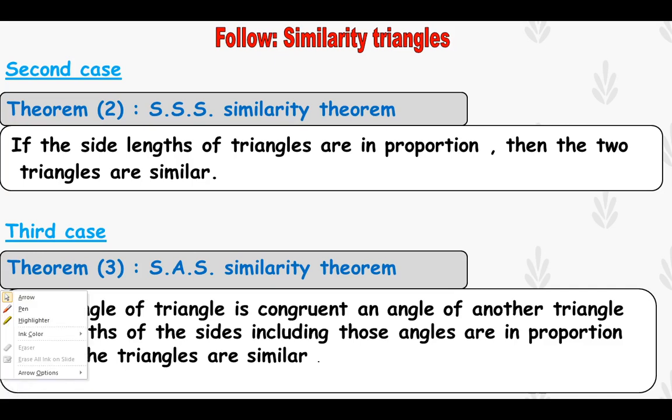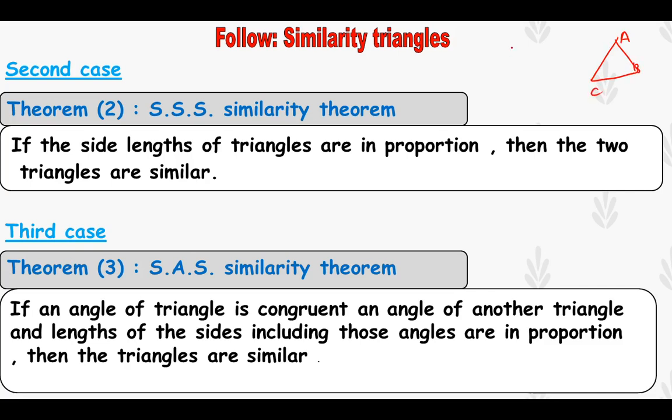Let me explain the two theorems for you. Here, if we have two triangles, triangle ABC and triangle XYZ, okay?